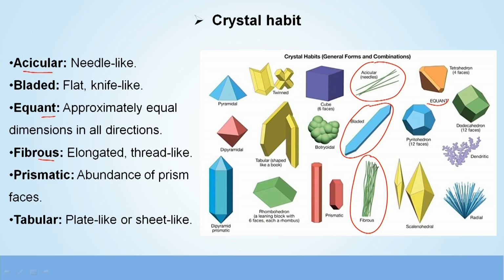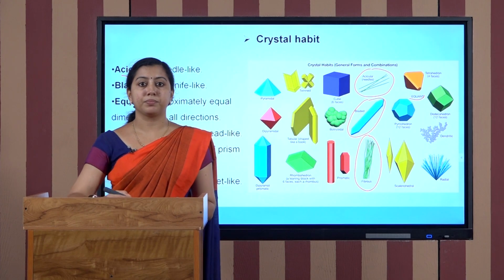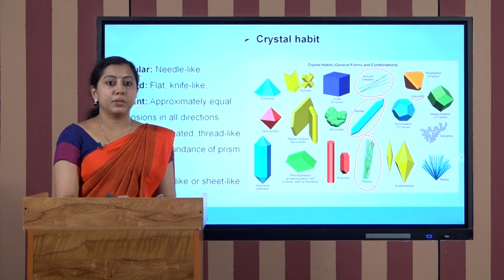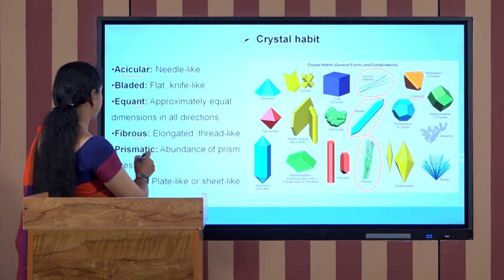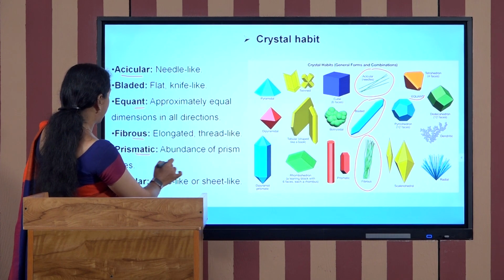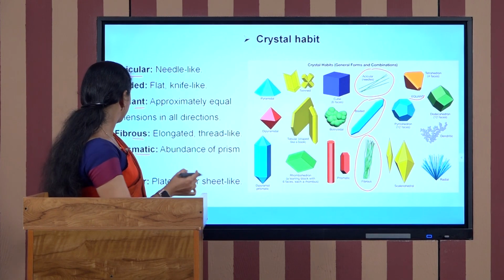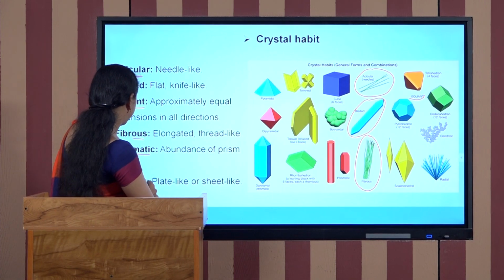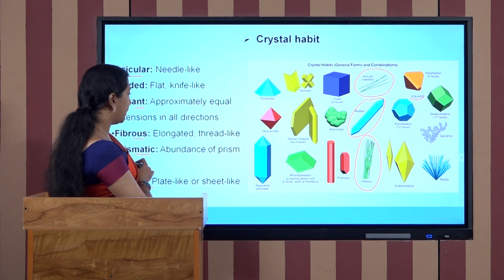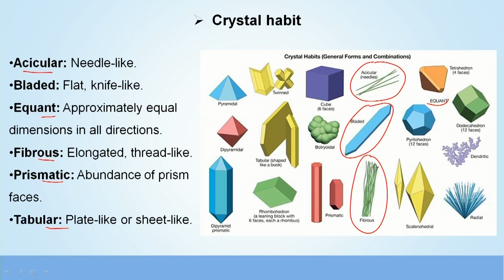So, on the screen you can see here green thread-like fibrous crystals. So, next type is prismatic, having an abundance of prism faces, then followed by tabular, having a plate-like or a sheet-like appearance, tabular crystals.